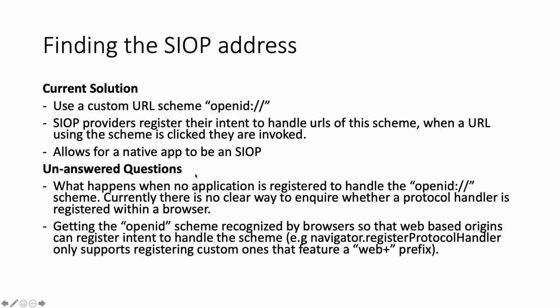And as Tim Capelli also raises, multiple apps also become problematic, because if a user wants to be able to switch between different providers, you can only have one prioritized scheme handler at once. Yeah, and getting the OpenID scheme registered by browsers so that it is reflected and recognized by the OS is also something of priority using this approach.